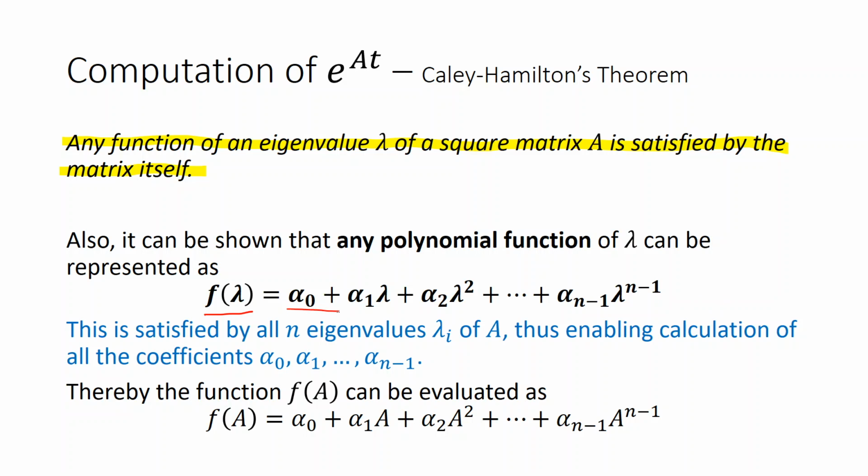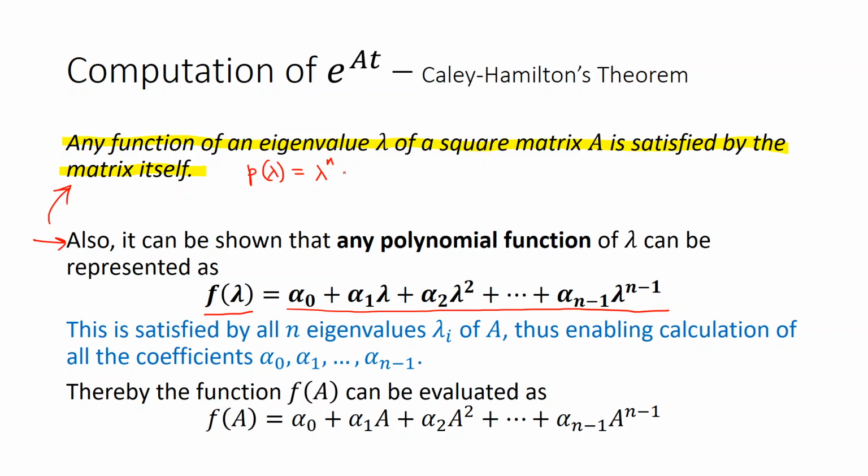So this is a polynomial function with n number of terms with the highest degree of lambda as n minus 1. This is a direct implication of the Cayley-Hamilton theorem.